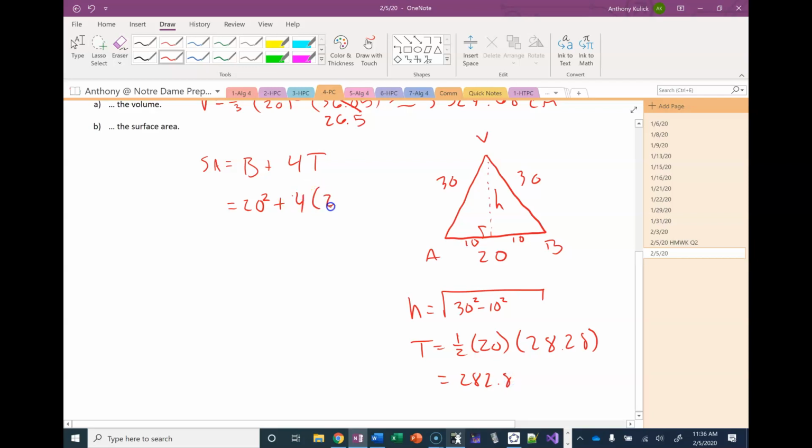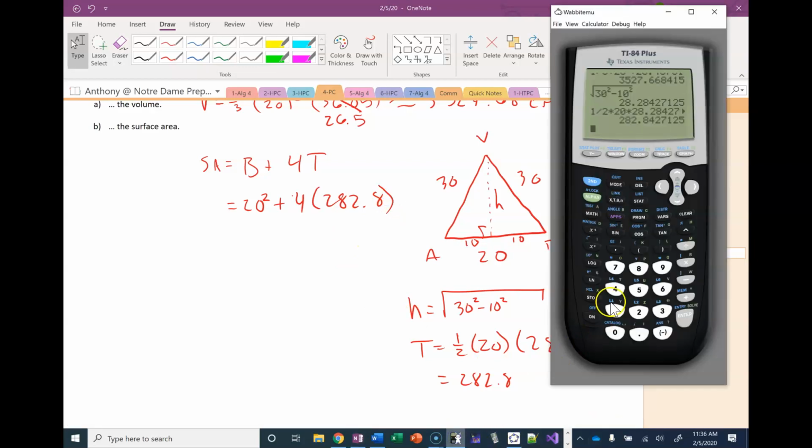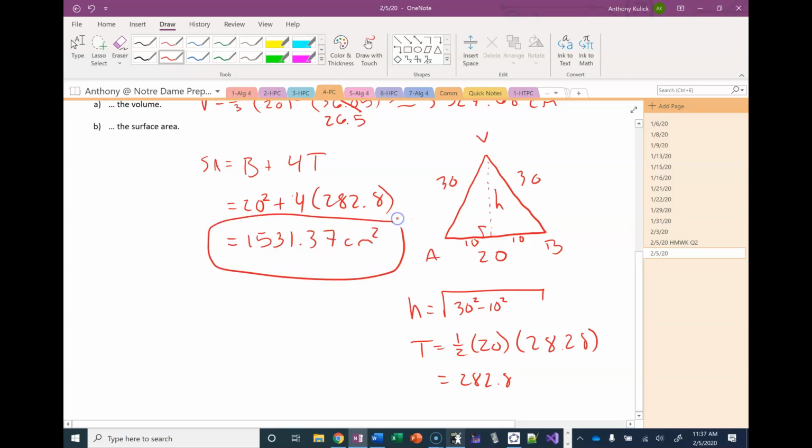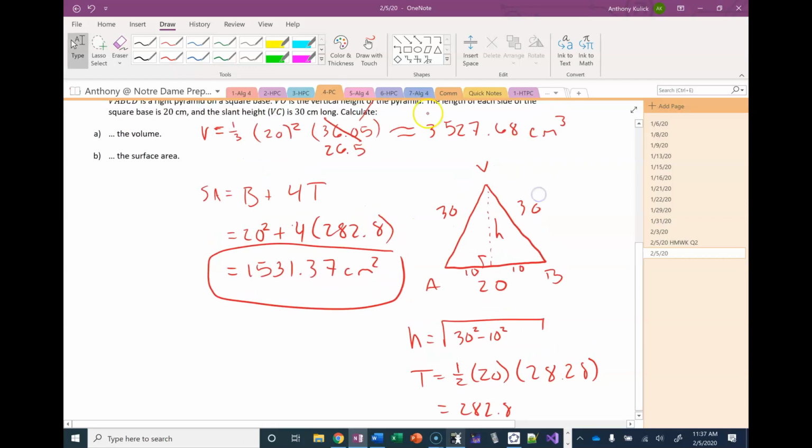So here I'd have 4 times 282.8. So my answer then is 20 squared plus 4 times that previous. So I should get 1531.37. Okay with that?